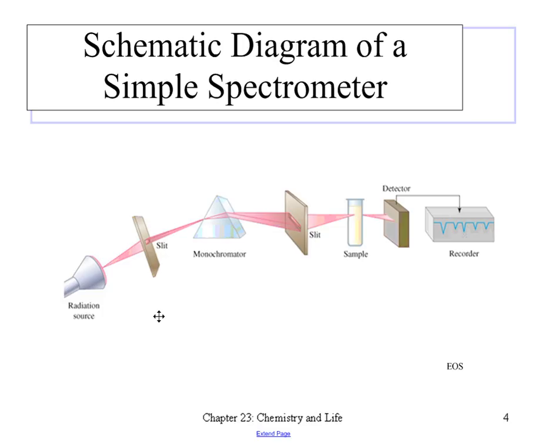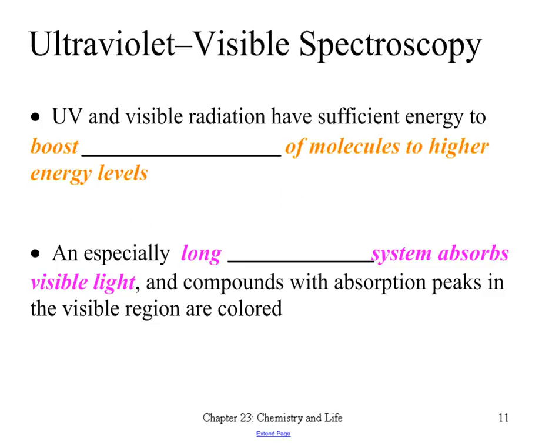Ours are more modern, and so they can actually hit all the visible wavelengths at the exact same time and have the computer sort out all the information. In the olden days, it used to take us an entire class period to get a spectrum of a bunch of different visible wavelengths. Now, it takes about 2 seconds. All right, let's go back to UV-Vis spectroscopy.